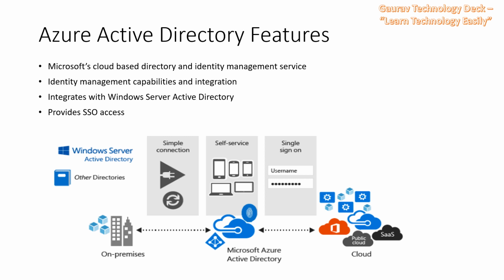The Active Directory which is used on-premise, we can now integrate with Azure Active Directory as well. As I told you, we can synchronize with the help of a very simple connection. This simple connection can be established with the help of AD Connect and cloud sync.